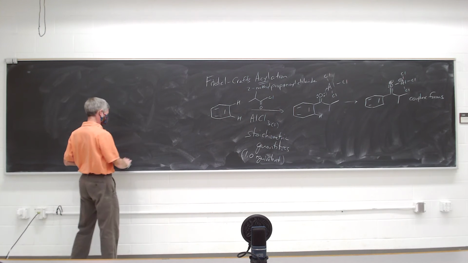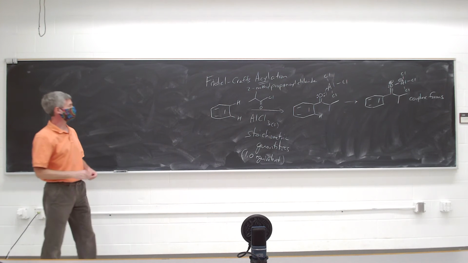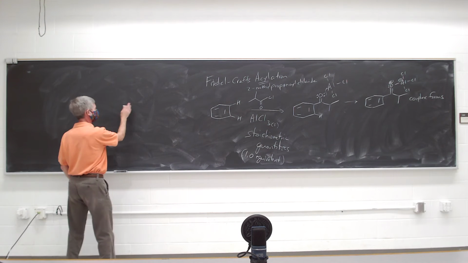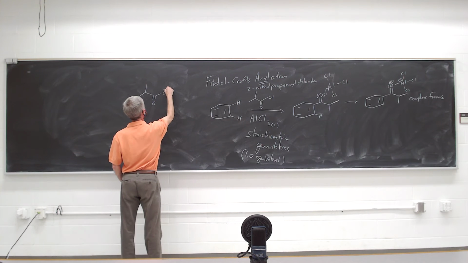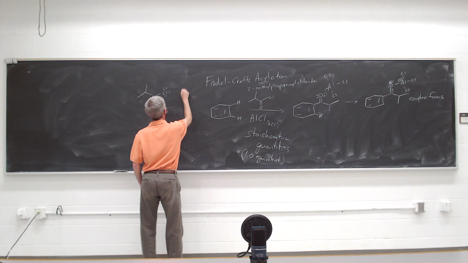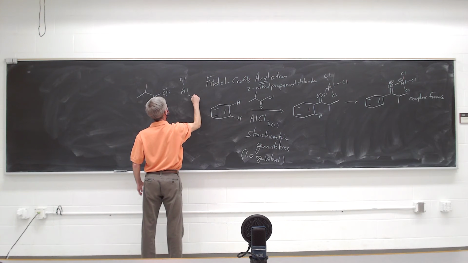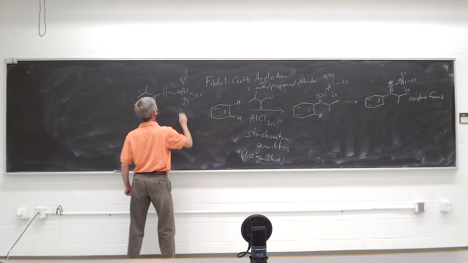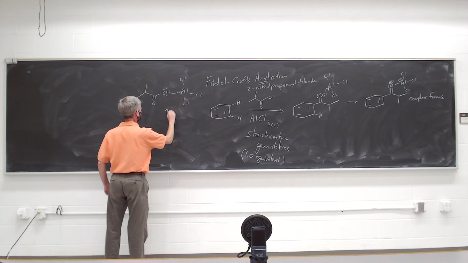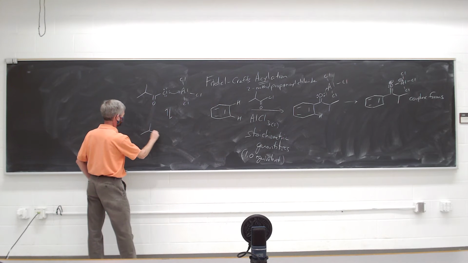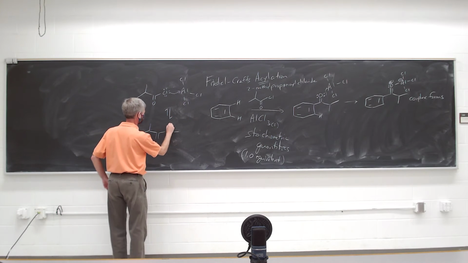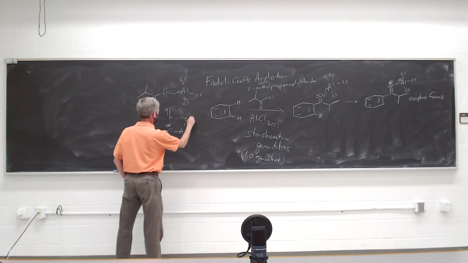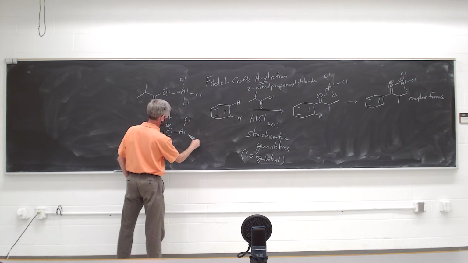Mechanistically, it's basically the same as halogenation or Friedel Crafts alkylation. It's the chlorine atom on the acyl chloride reacting with aluminum chloride. We're still going to generate the tetrachloroaluminate ion.